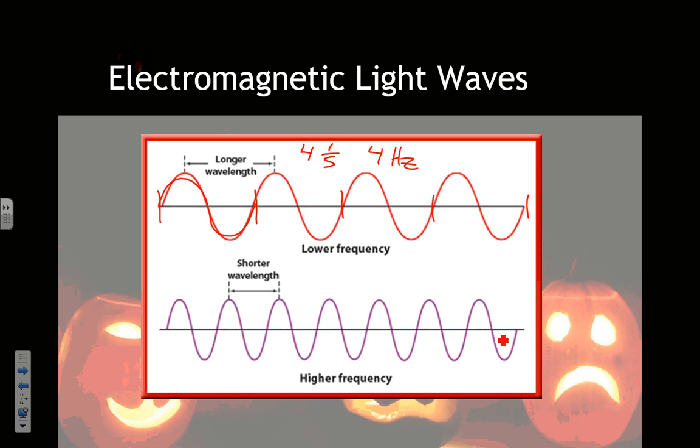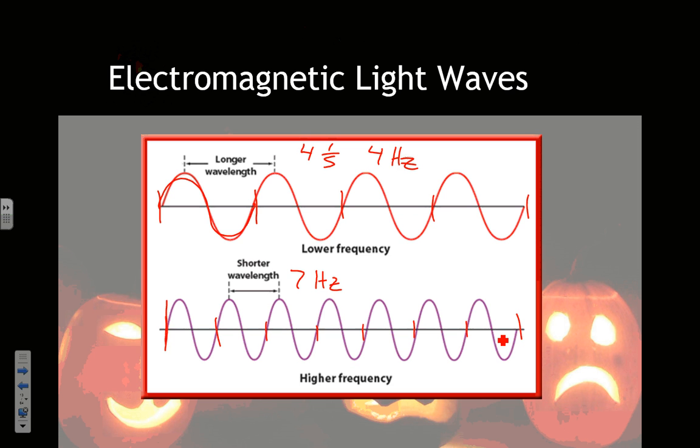Now, if you look at the purple colored waves on the bottom, there's one wave cycle, and in the purple colored waves, I have 1, 2, 3, 4, 5, 6, 7 wave cycles here. So in this particular case, I've got a frequency of 7 waves per second, which would be 7 hertz. Now notice the purple ones at the bottom have a higher frequency. Well, notice the wavelength relationship.